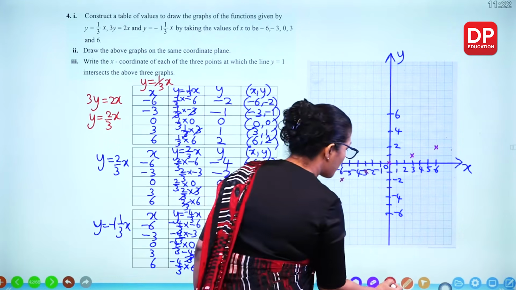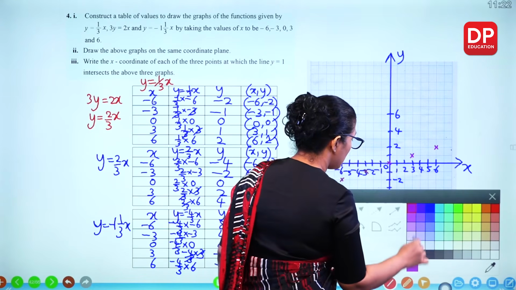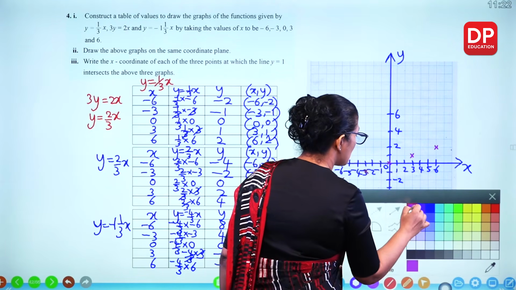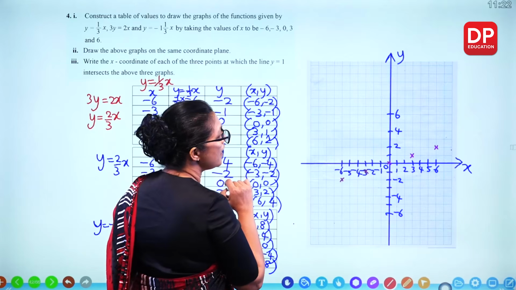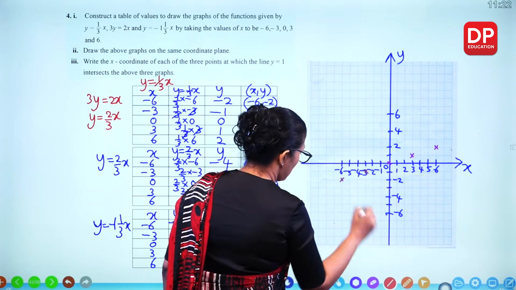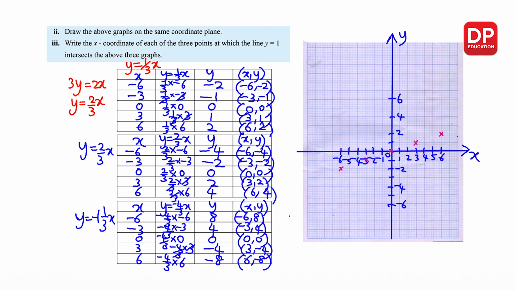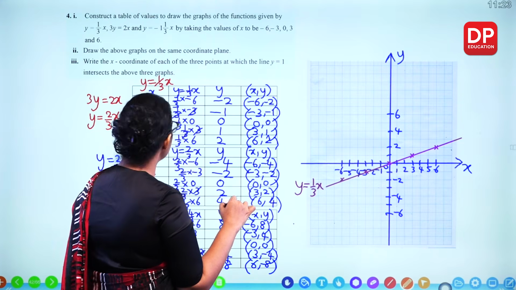So when you mark the points and connect all of them with a ruler, what do you get? A line like this. So that's y equals 1/3 x. We'll take the other set.